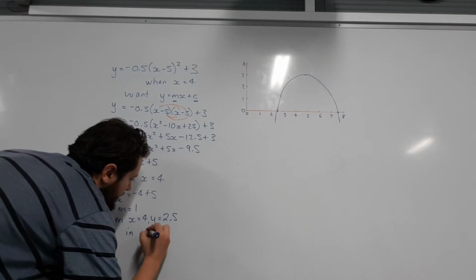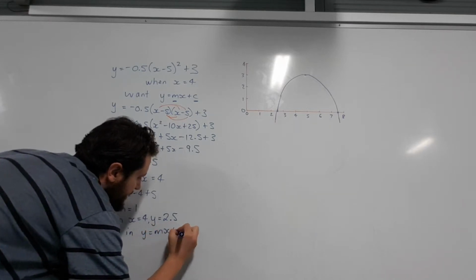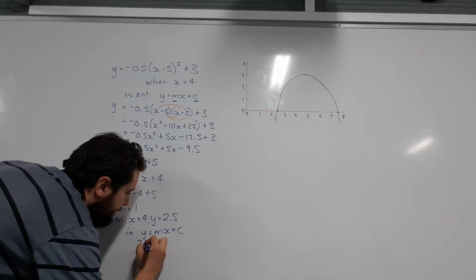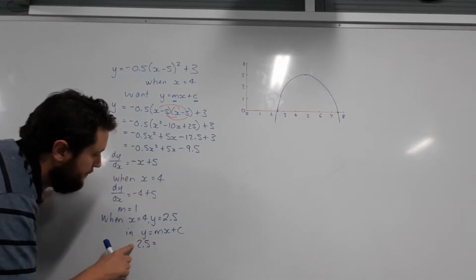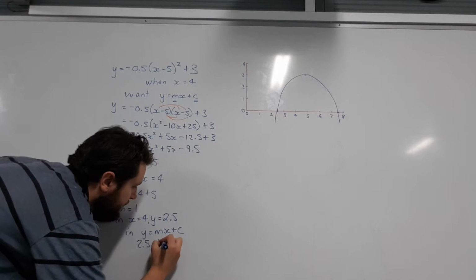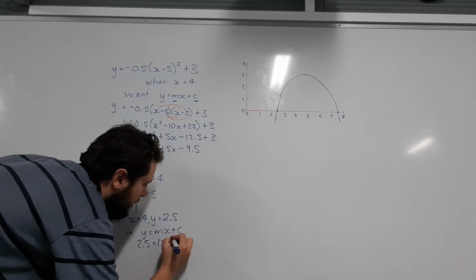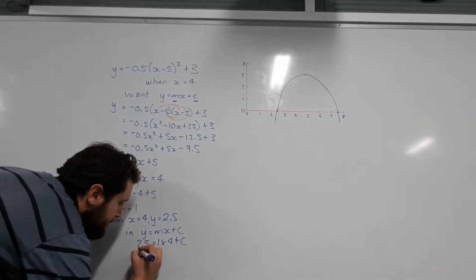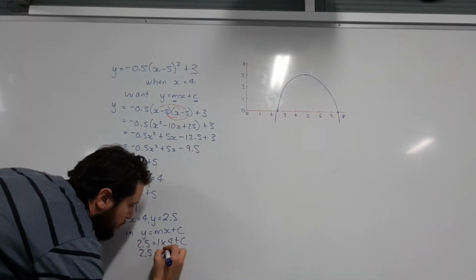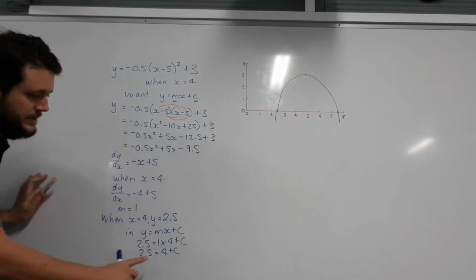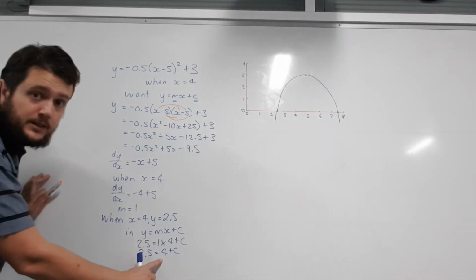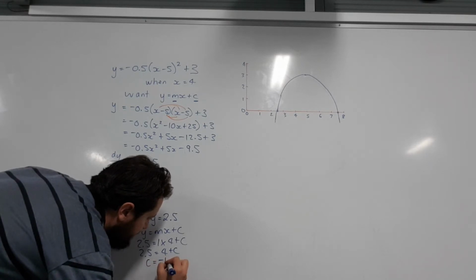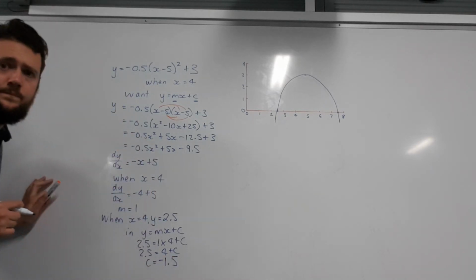In y equals mx plus c, at this particular point, y is 2.5, m is 1, the x-coordinate was 4, plus c. So 2.5 equals 4 plus c. To get rid of the plus 4 here, I take away 4 from both sides. c will be equal to negative 1.5.